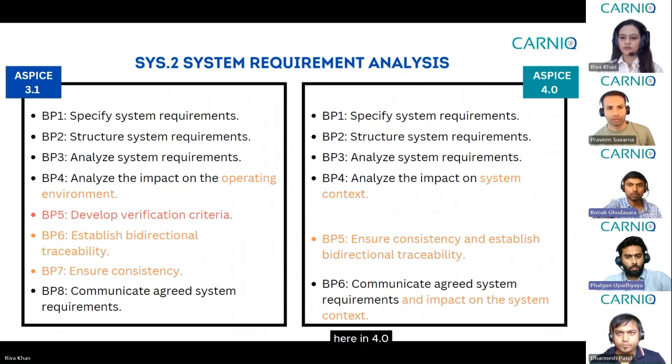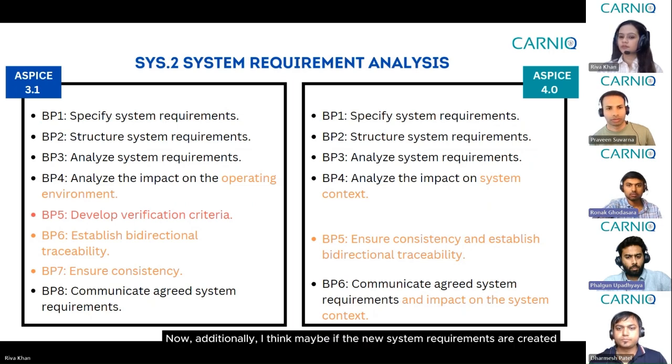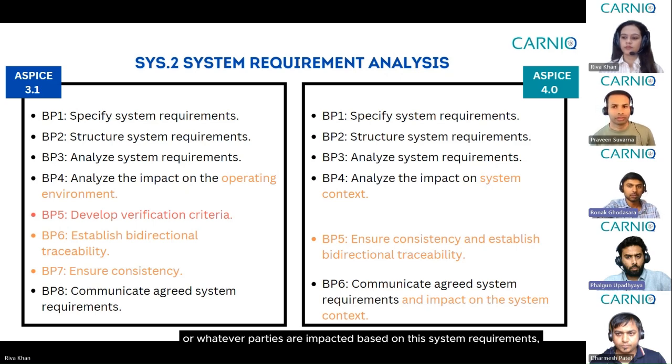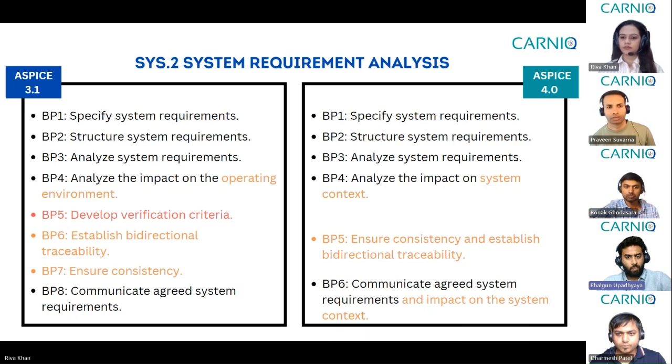Here in 4.0, additionally, if new system requirements are created, the parties impacted based on these system requirements may also be told what impacts they have to consider on their work. So yeah, that's my understanding.